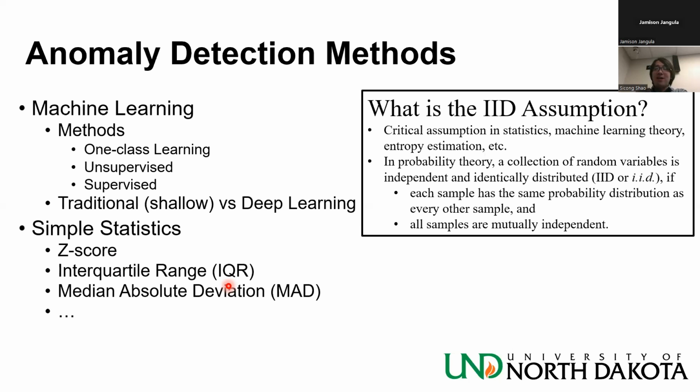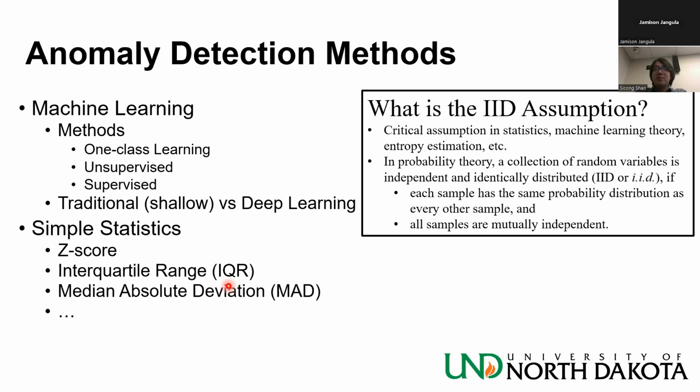however, most of the machine learning based anomaly detection follow the IID assumption, because most machine learning algorithms follow the IID assumption. Basically, the IID assumption assumes your data is independent and identically distributed.